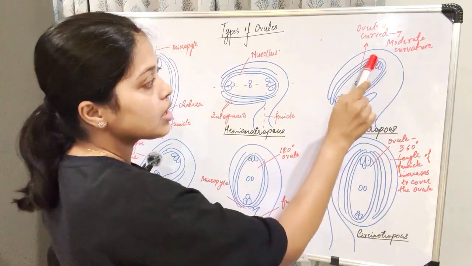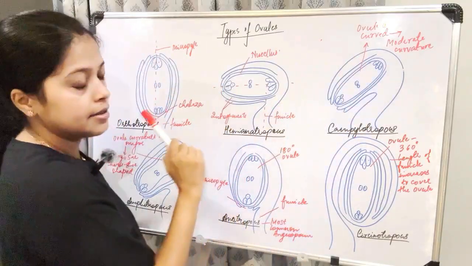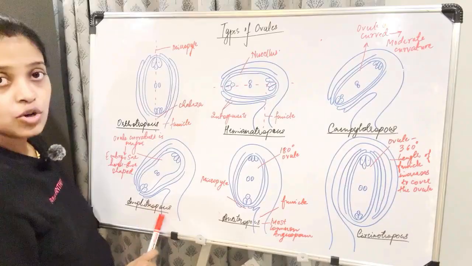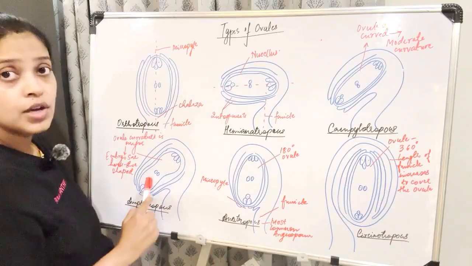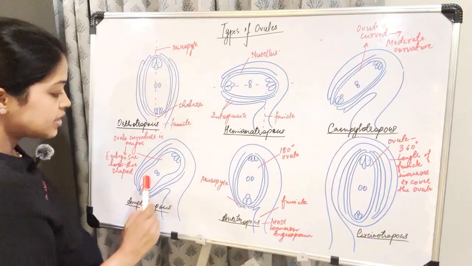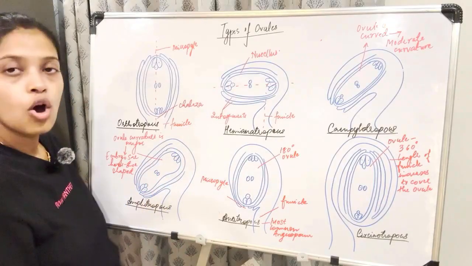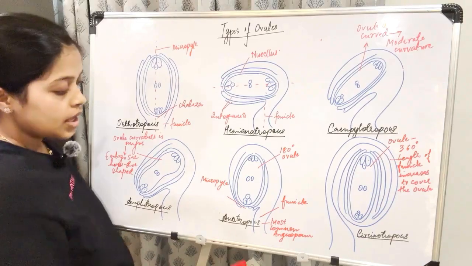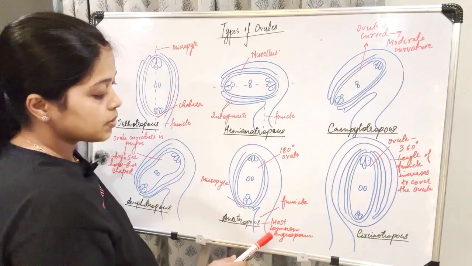Campylotropous, when the ovule is curved but moderately. Amphitropous, when the ovule is curved so strongly that it changes the structure of the embryo sac and forms a horseshoe shaped structure.